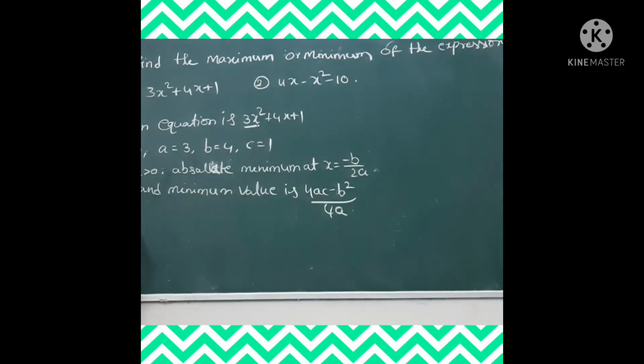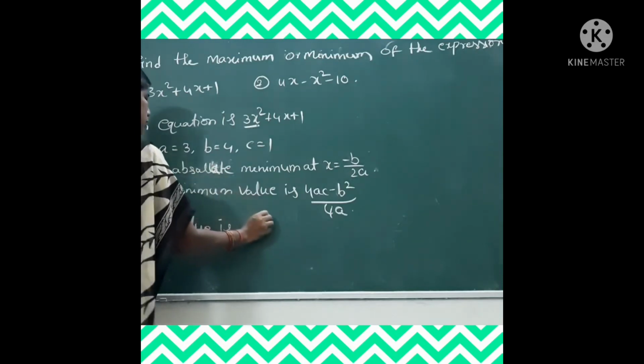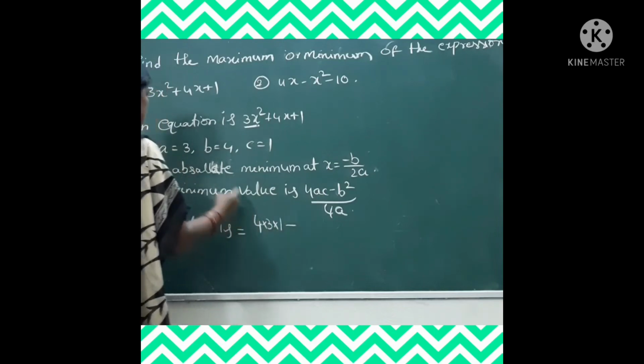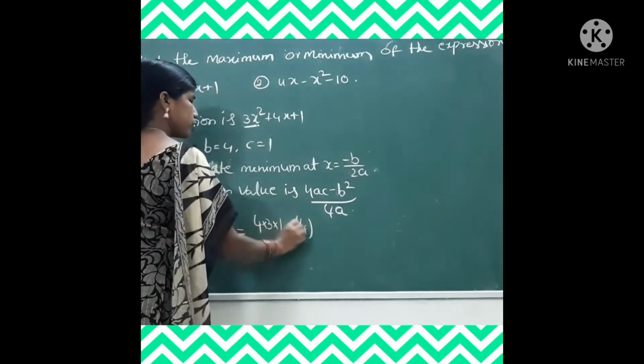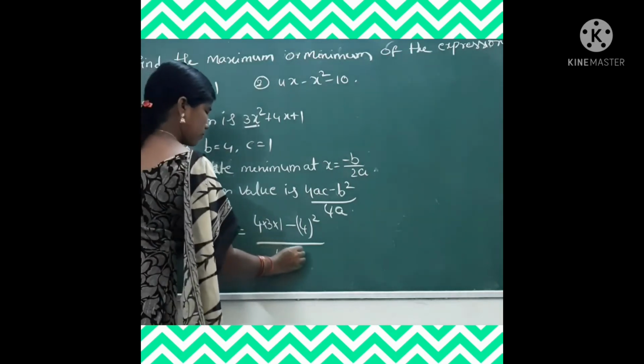Therefore the minimum value is 4 into a means 3 and c means 1, minus b square means 4 square, by 4 into a means 3.